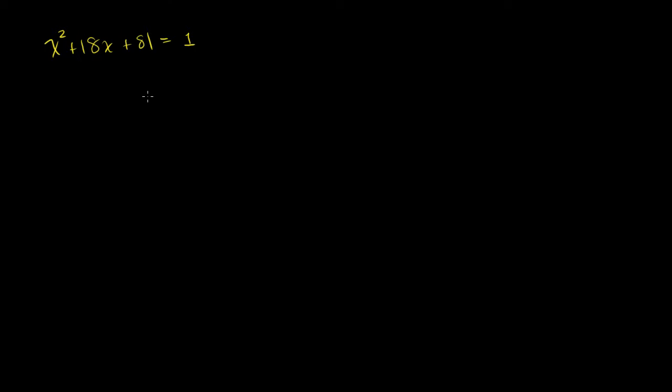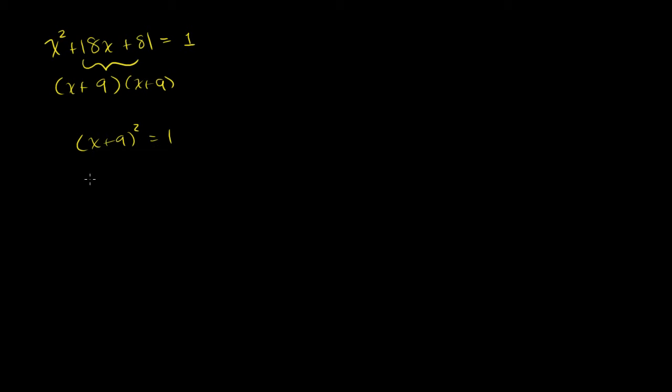So once again, we can do it in two ways. We could subtract 1 from both sides, or we could recognize that this is x plus 9 times x plus 9. This right here. 9 times 9 is 81. 9 plus 9 is 18. So we can write our equation as x plus 9 squared is equal to 1.